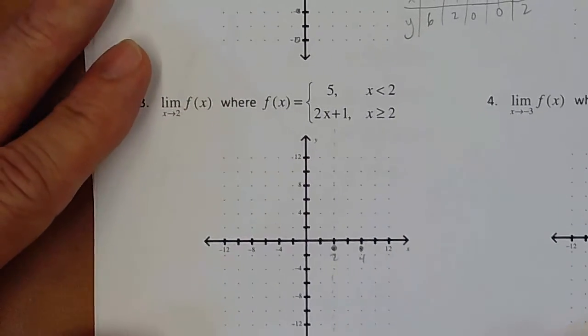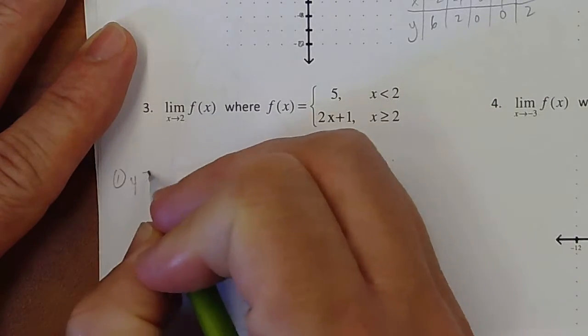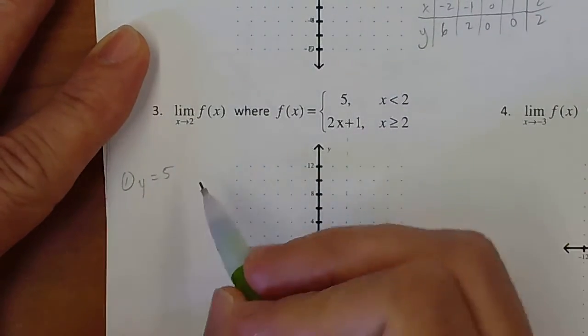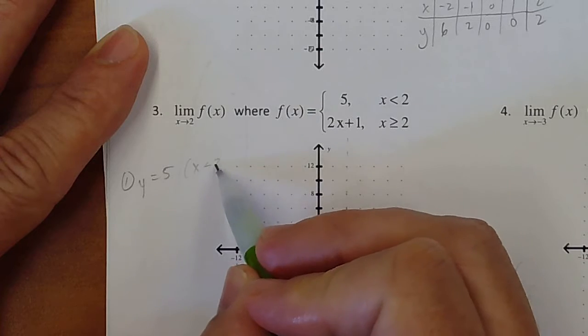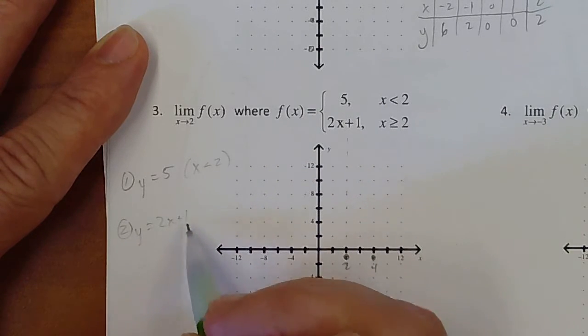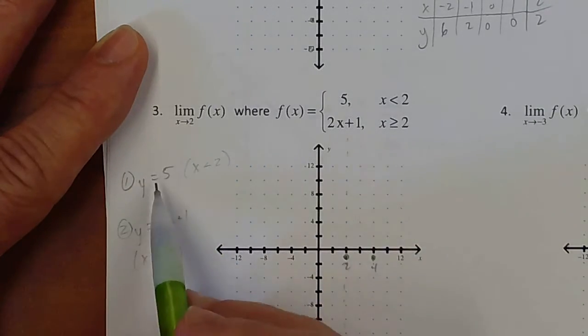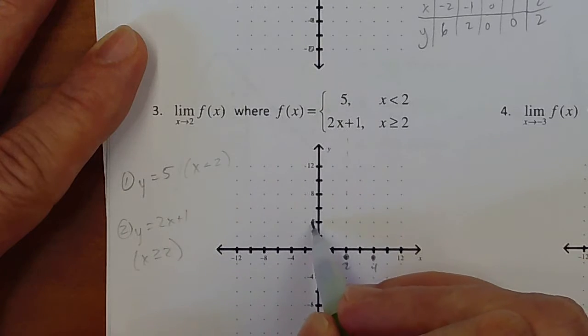Just another strategy. Okay, so remember, one graph is going to be y equals 5 under the condition x is less than 2. And then my other one is y equals 2x plus 1, under the condition x is greater than or equal to 2. Y equals 5 is always a horizontal line.